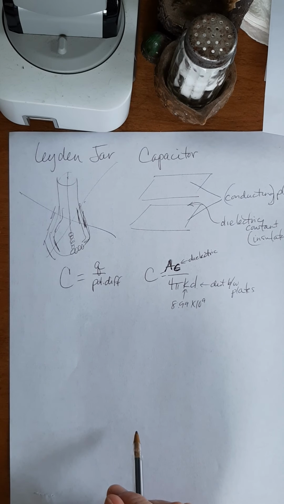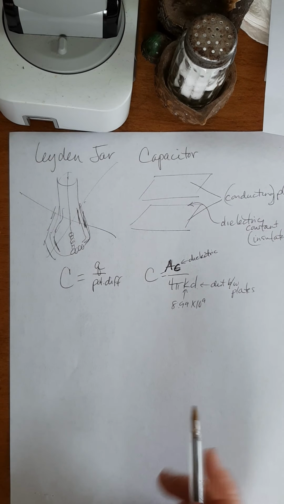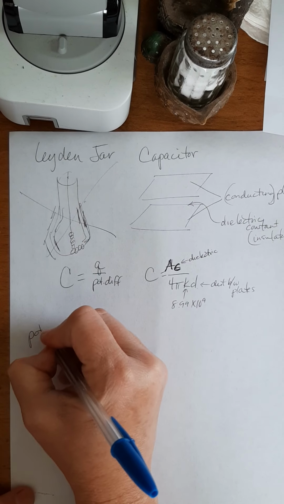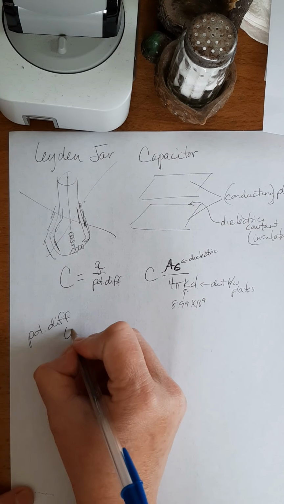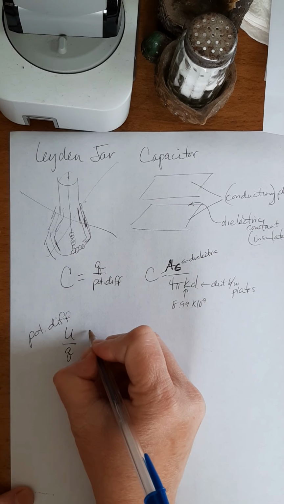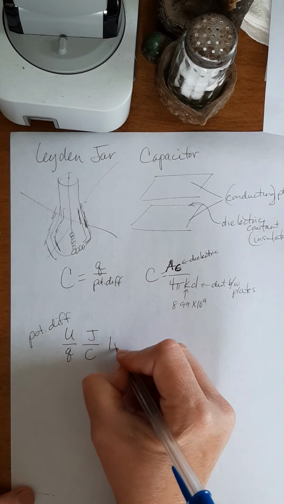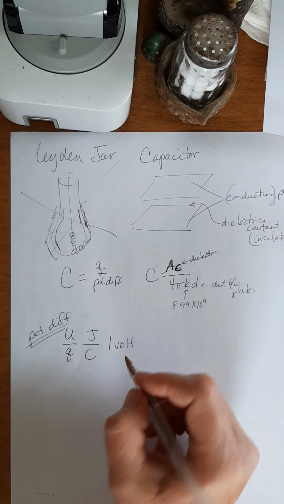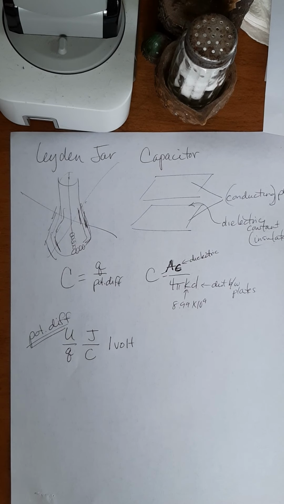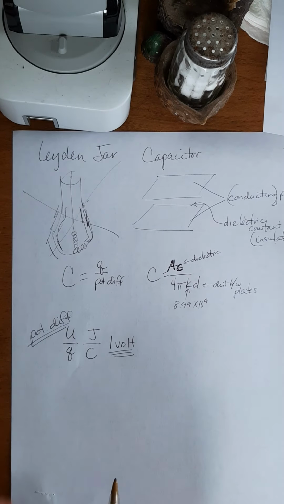And I don't know if I told you. Potential difference, let me go back just for a second. Potential difference, since it is energy over charge, or a joule over coulomb, that is a volt. So potential difference and electric potential, all of those are measured in volts.